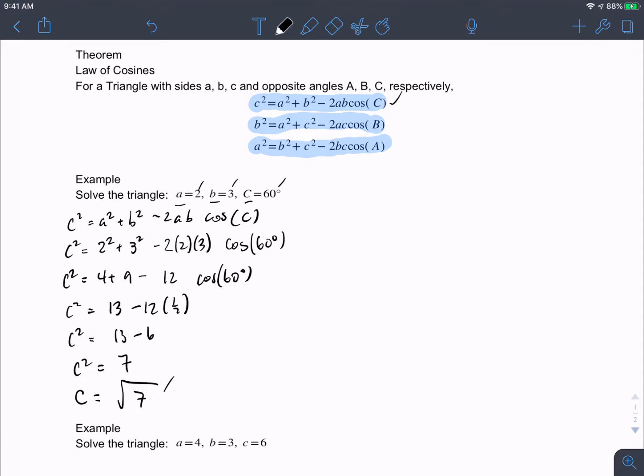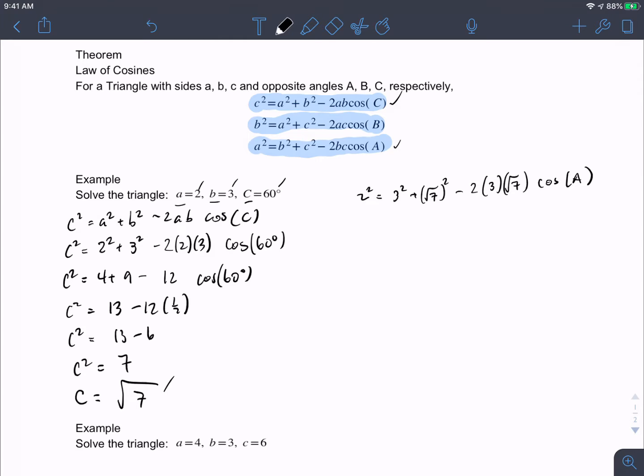So I'm going to use this third equation. A is 2, so 2 squared is equal to B squared, which is 3 squared, plus the square root of 7 squared, minus 2 times 3 times square root of 7 cosine of that angle A that we need.